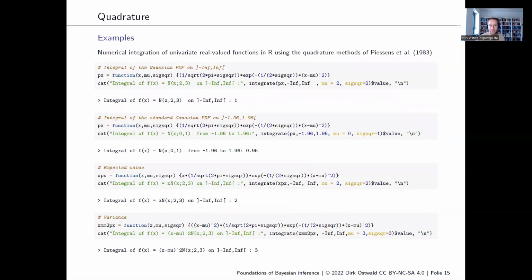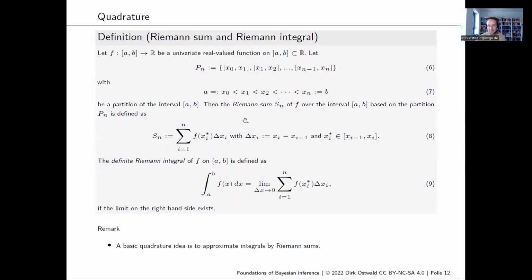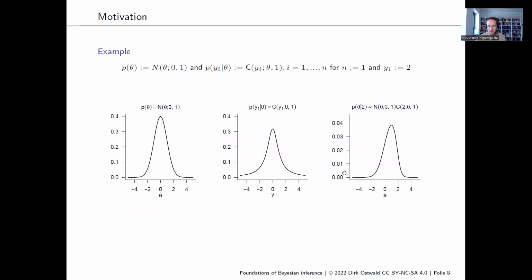So here, to get at least a little bit into the direction of inference, I tried to integrate it not from minus infinity to infinity, but on a relatively broad interval, minus 2 to 2.